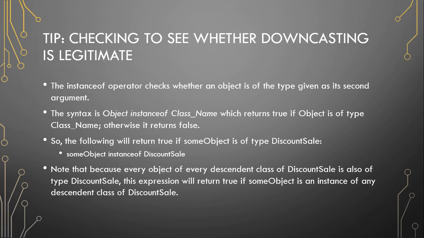Again, if someObject was a member of Sale, that wouldn't work, because Sale is an ascendant class. It is a base class, whereas a descendant is a derived class. But if you have the DiscountSale, which is a derived class, and any classes below it, this is going to work.